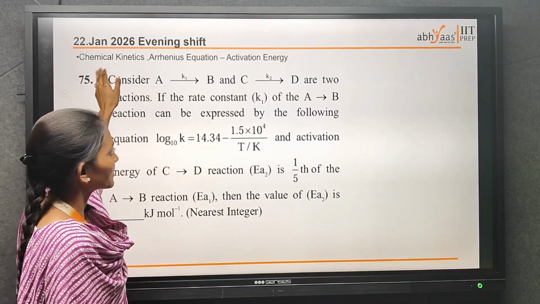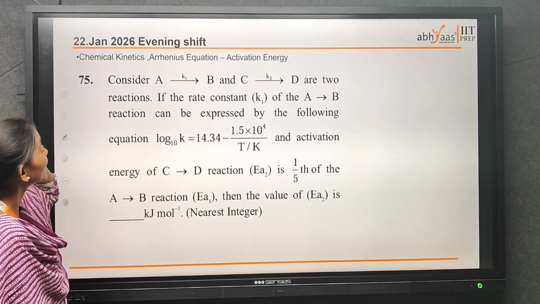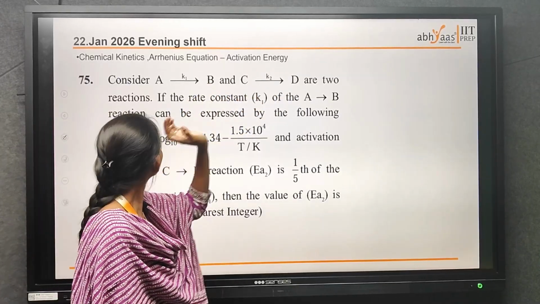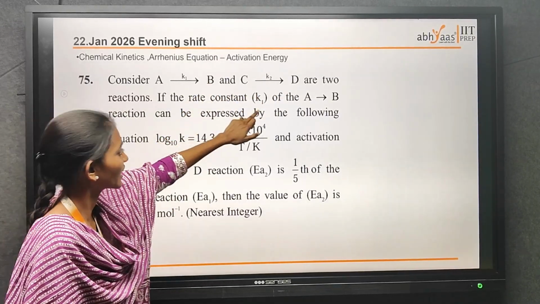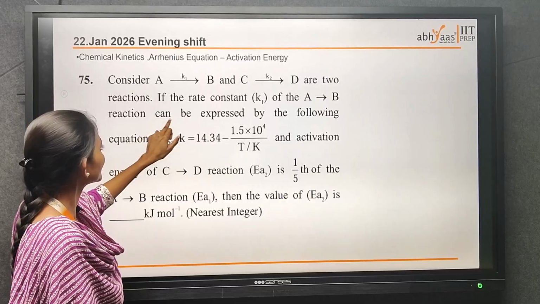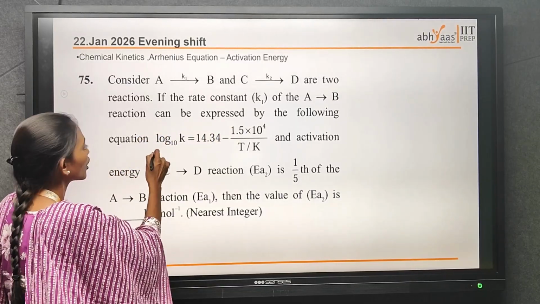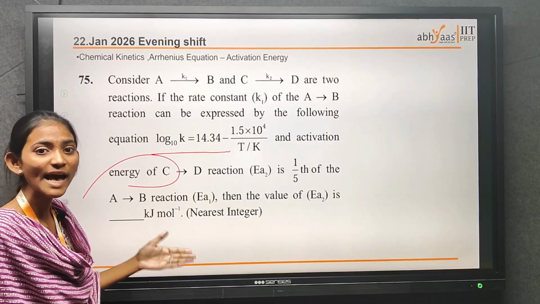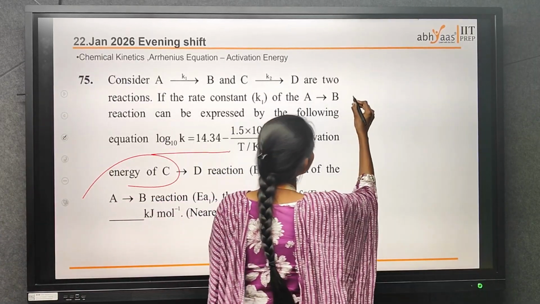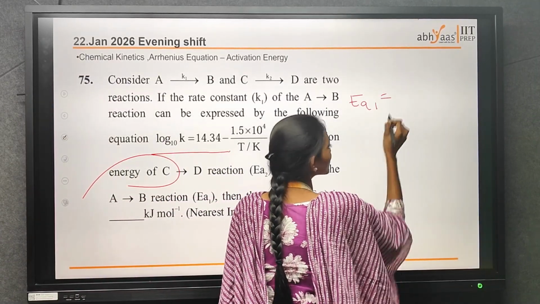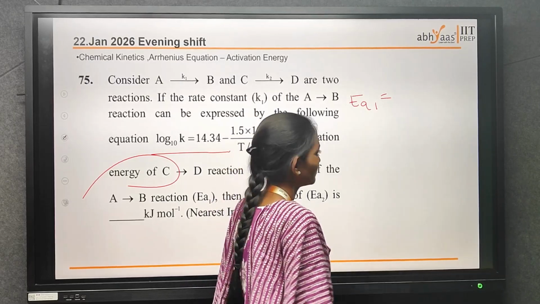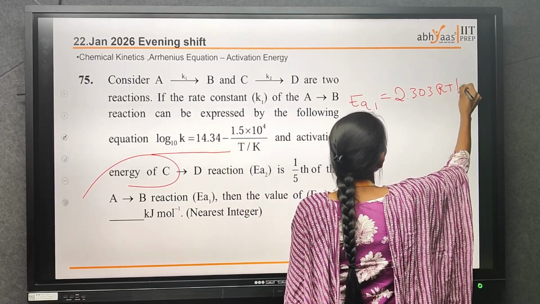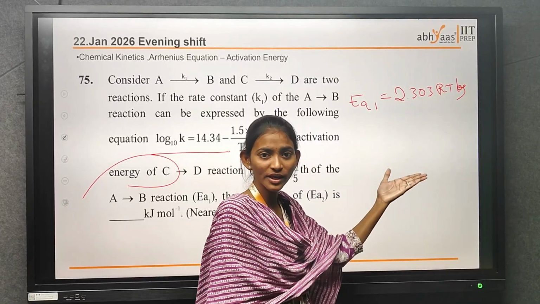Moving on to chemical kinetics, they say to consider two reactions, A to B with K1 and A to C with K2. The rate constant K1 of the A to B reaction can be expressed by the following equation, log10 K. They are asking for the activation energy. So what will be the answer here? You know the activation energy Ea1 equals 2.303 R times the slope.